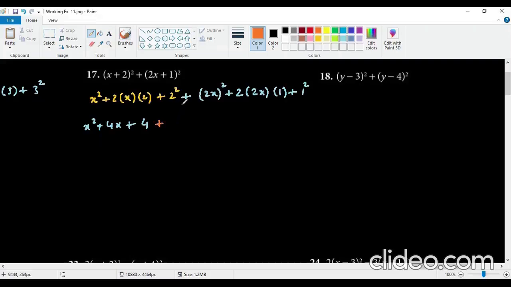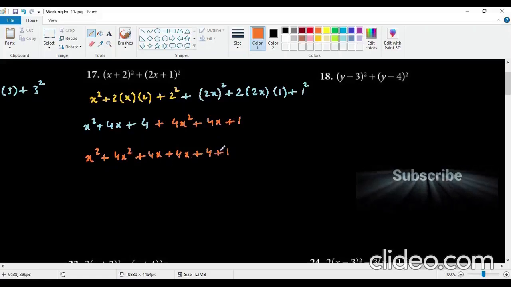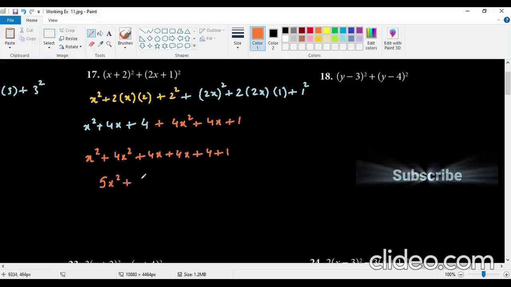This plus sign comes here, and this is going to be 4x square plus 4x plus 1. Once simplifying this, x square plus 4x square, both are like terms, and plus 4x and plus 4x, both are like terms, plus 4 and plus 1, both are numbers. So this is going to give me 5x square plus 8x plus 1 as an answer.